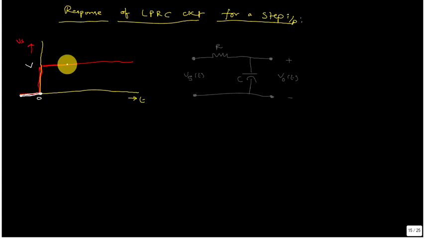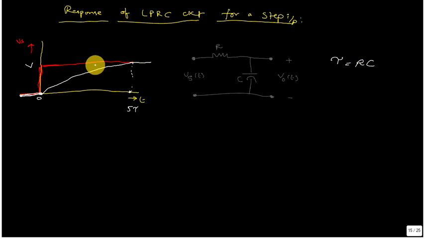To reach the step of V volts, the capacitor takes some amount of time, referred to as 5 time constants, to reach the final value, and afterwards it will be constant. So this point we can say is 5 tau. So this is based on the time constant. Time constant is nothing but tau.